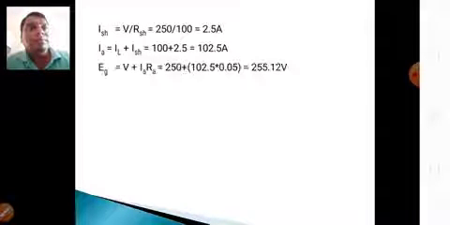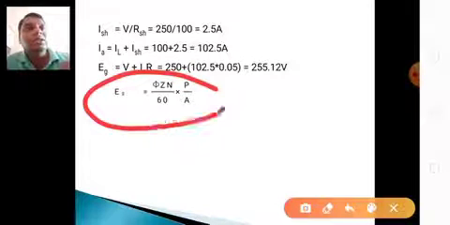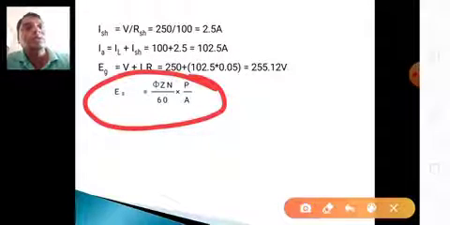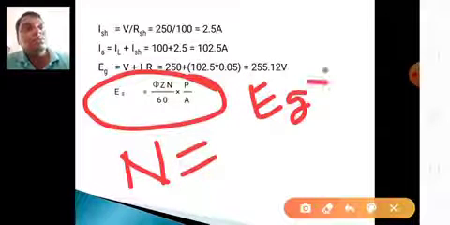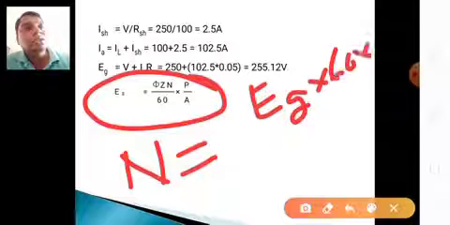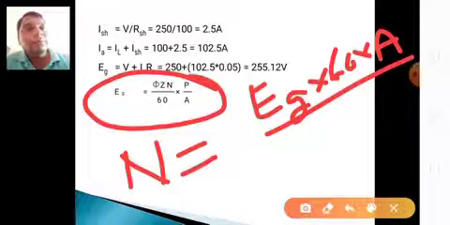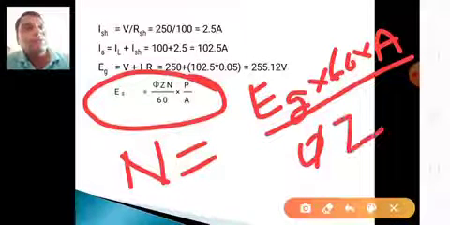So the actual formula is Eg equal to φZN by 60 into P by A. From that we have to find N. So N equal to Eg into 60 into A by φZP, right?